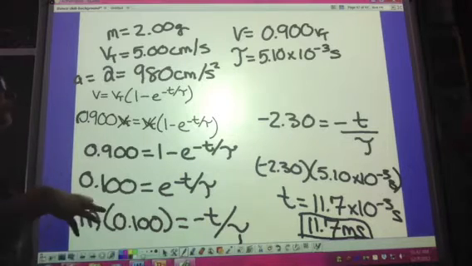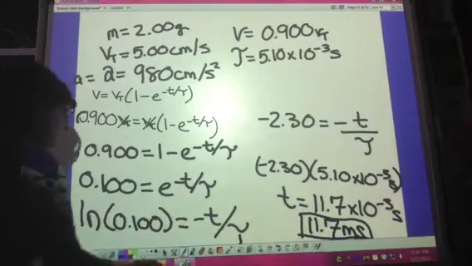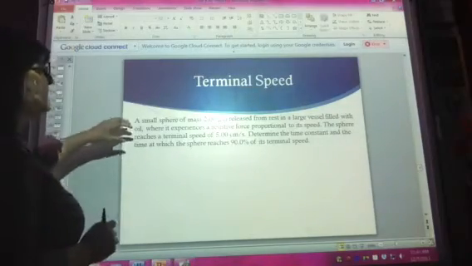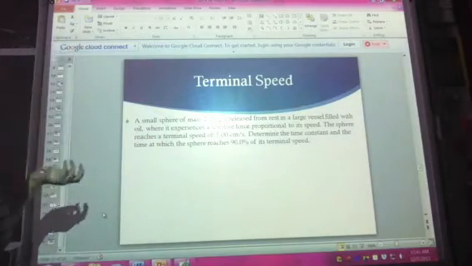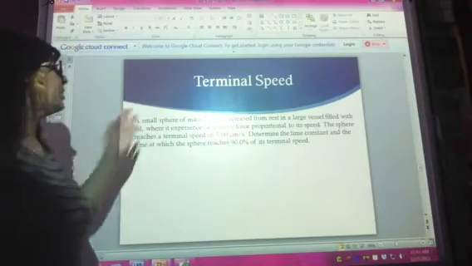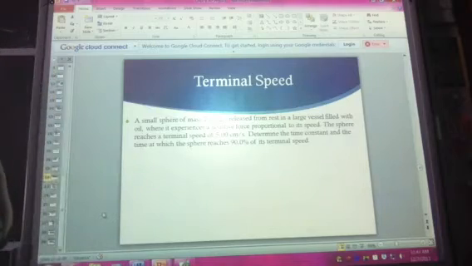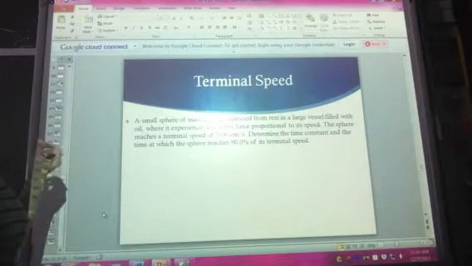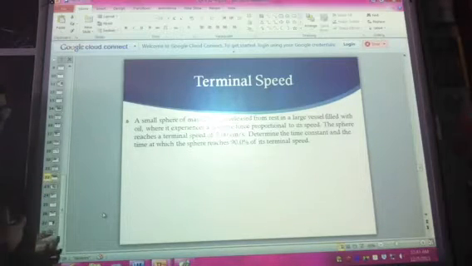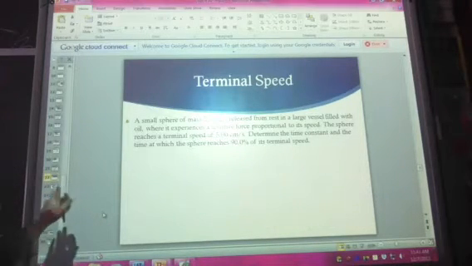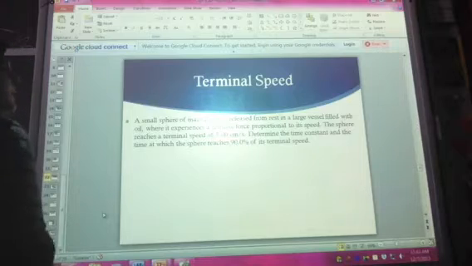Okay, so we found our time, we found our time constant. If we go back to this problem for a second, it says that we dropped this small sphere and it has a mass of about 2 grams. So we can think about that as being a marble. We're dropping this marble-sized sphere into a vessel of oil, and we know it's going to experience some resistive force, and it says that it's going to be proportional to its speed in this case.